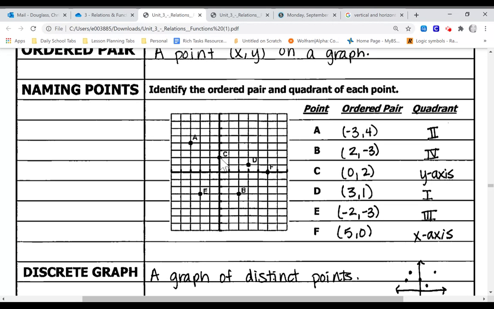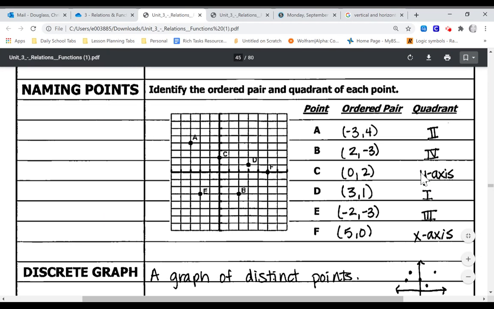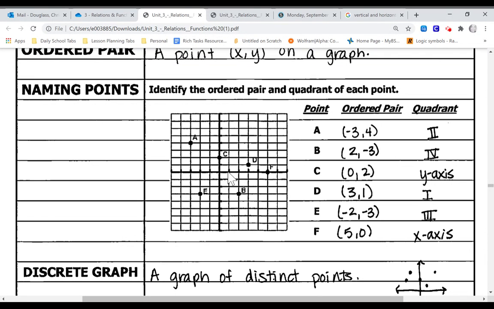You'll notice that point C does not lie exactly in a quadrant, but rather on the y-axis. For point D, from the origin, I will first move 1, 2, 3 units to the right and 1 unit up. So point D is (3, 1), and it's in the first quadrant.